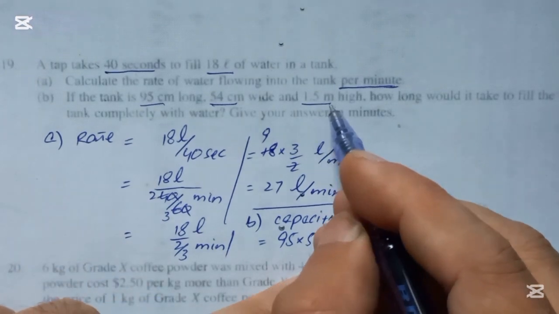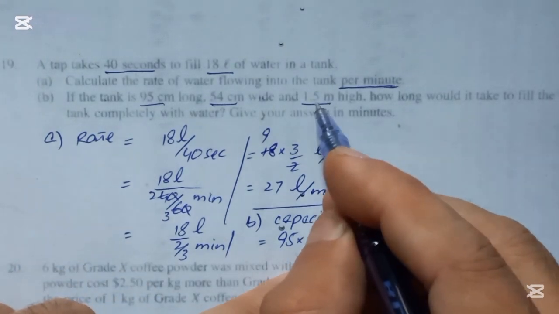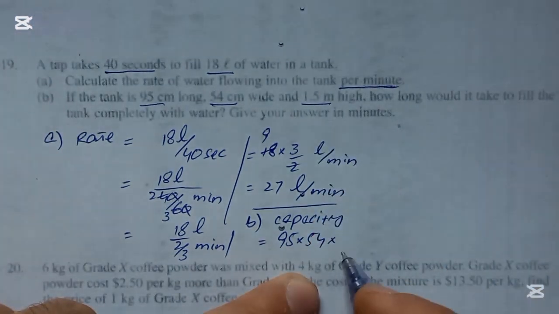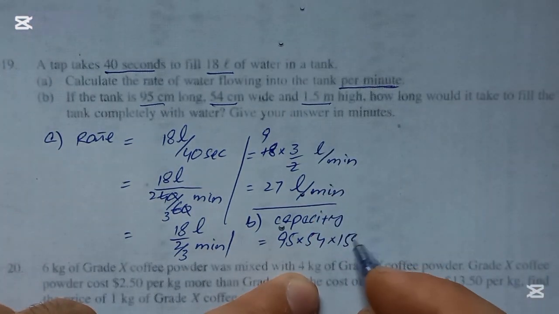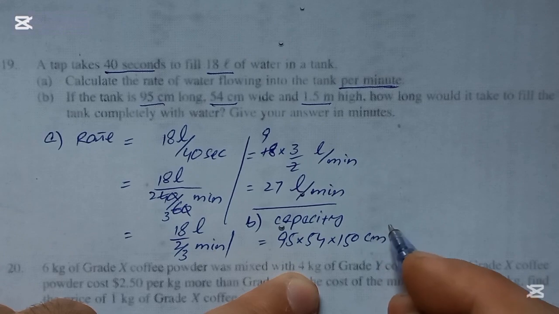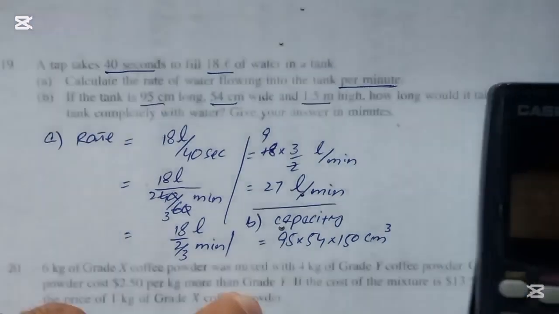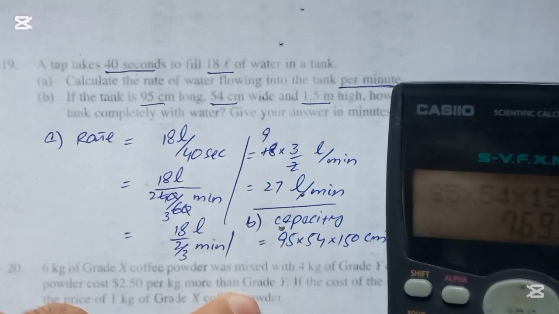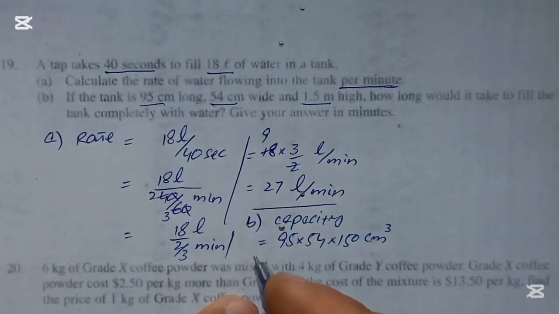In 1 meter there are 100 centimeters, so we will multiply 1.5 with 100, so it will become 150. So it will become centimeter cube. So solve it on the calculator. 95 into 54 into 150. It will be equal to 769,500.